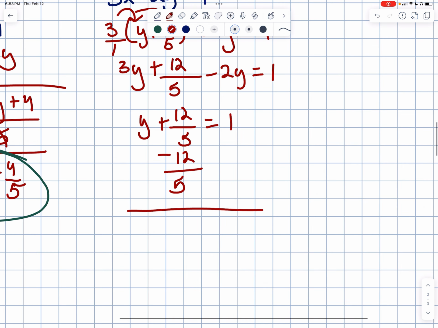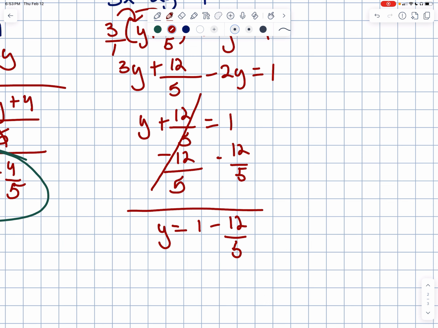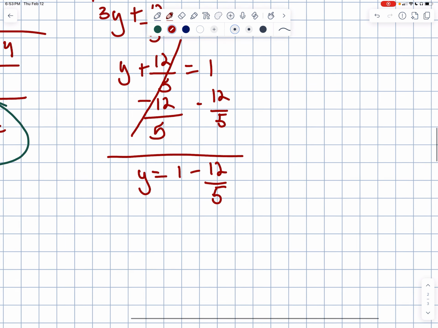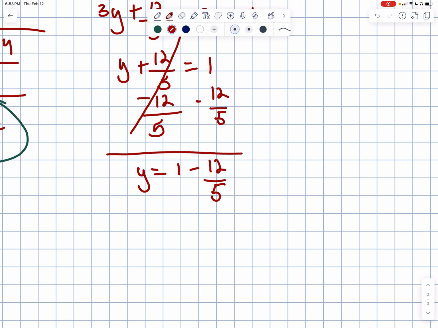We're left with y because 12 over 5 minus 12 over 5 is 0. So it's just y. y equals 1 minus, because we subtracted 12 over 5 on both sides, 1 minus 12 over 5. This looks a little weird, right? 1 minus 12 over 5.